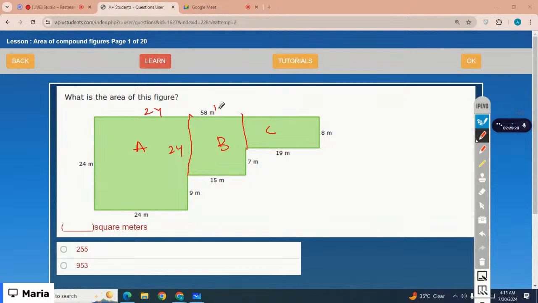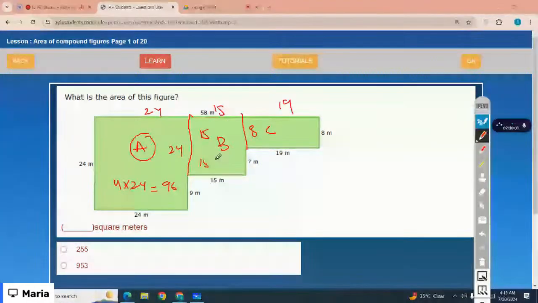This is 15, this is 15. 7, 8, right? This is 19. Okay, let's just calculate the area of square A, right? We know that the area of a square is side times side. So that is 96.